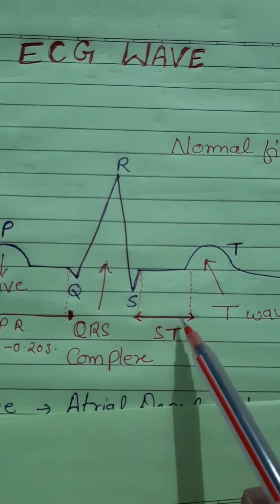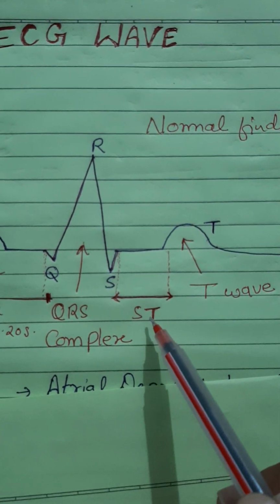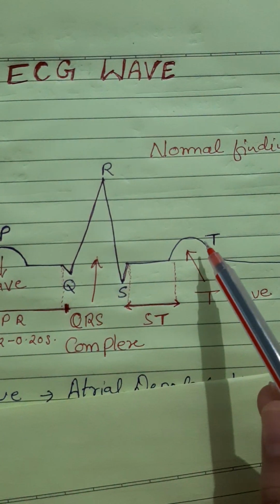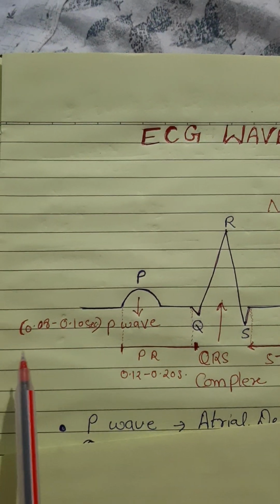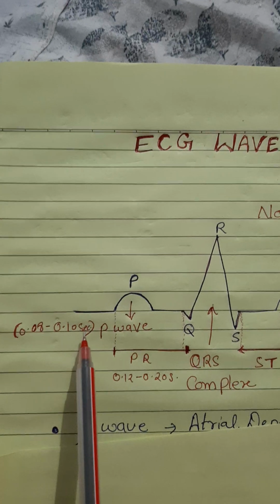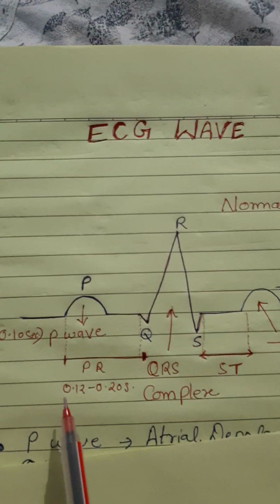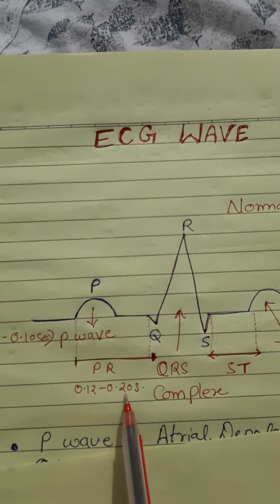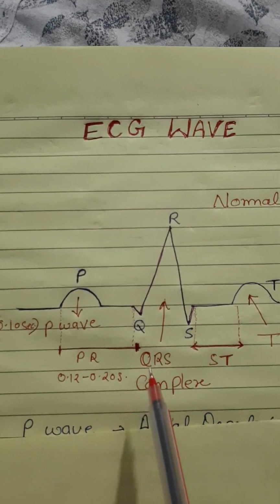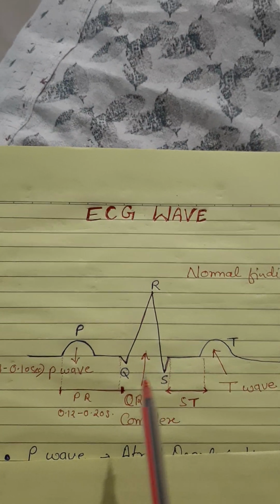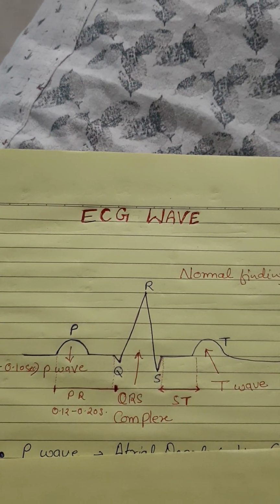So from here to here it is the ST interval, and this is the T wave. So the duration of the P wave is 0.08 to 0.10 second, and the PR duration is 0.12 to 0.20 second. This is the normal finding of the ECG.